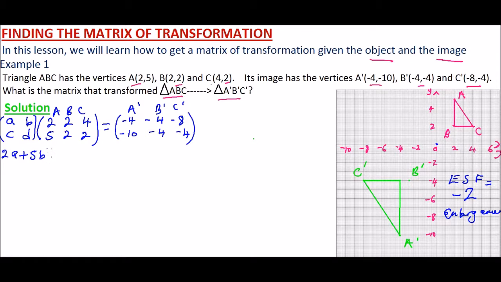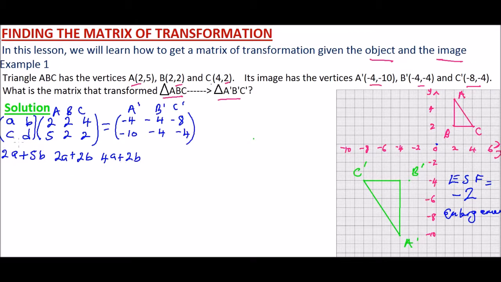So that is our first column. Then A multiplied by 2 gives us 2A, we add 2 times B, that gives us 2B. Then we have A multiplied by 4, that gives us 4A, plus B times 2, that gives us 2B. So that is the first row.